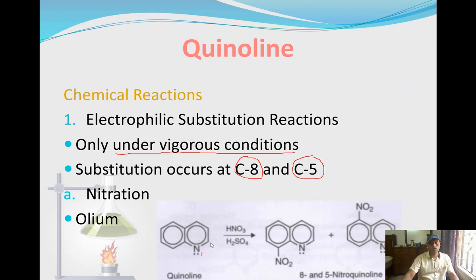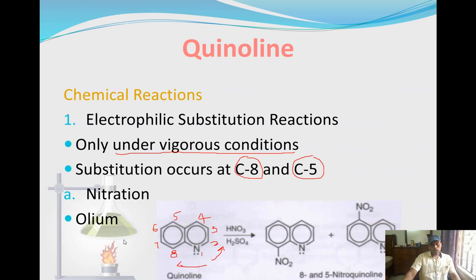This is number 1, 2, number 3, number 4, number 5, this is number 6, this is number 7, and this is number 8. While numbering you are not going this way; you have to go this way, because there is a fusion here. You are not going on the fusion side, you have to go the other way around.